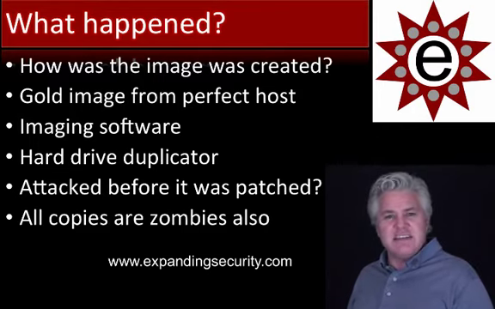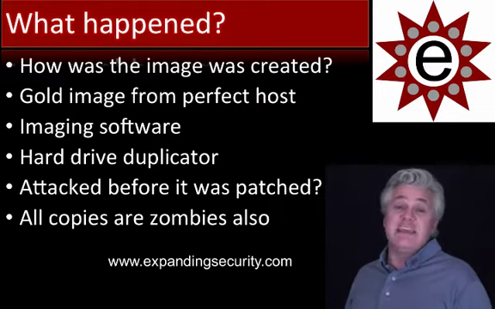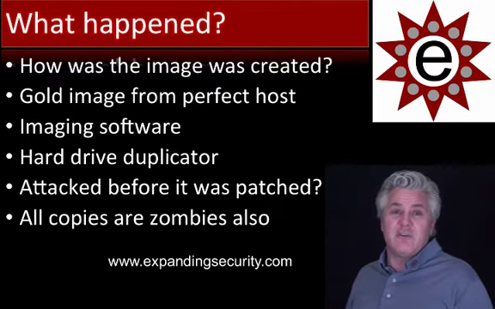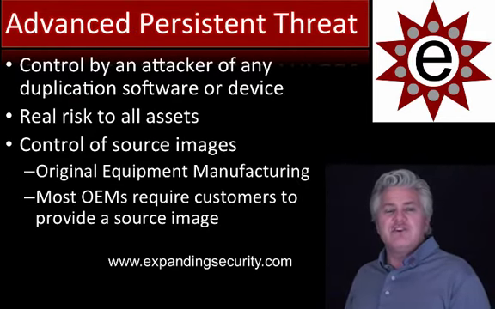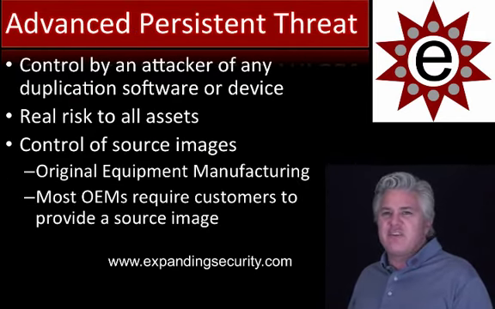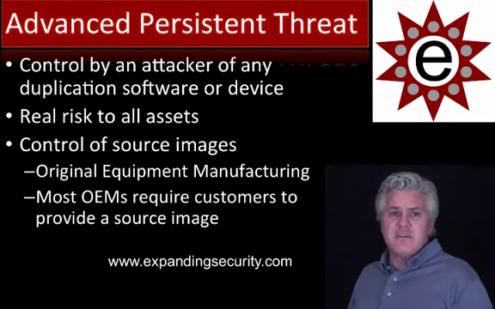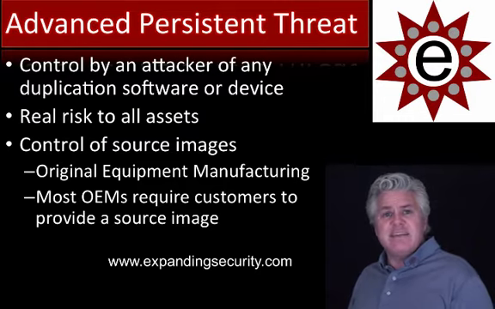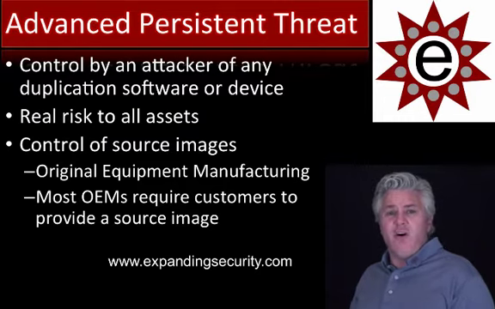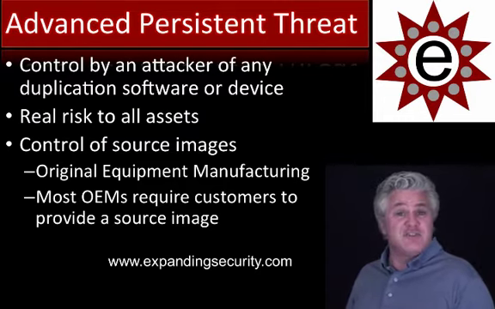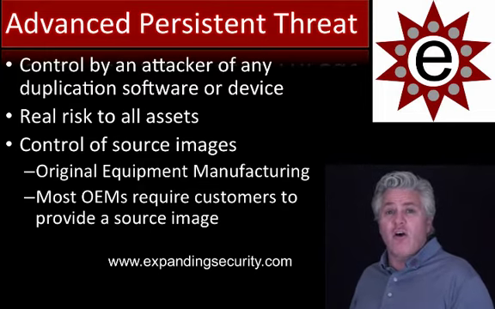And usually what we see is a lot of the same workstations with a lot of the same evil files from a particular date on them. This could be considered an advanced persistent threat. I hate the term because it's so overused today, but it's the truth. What's happened is an attacker is controlling all of our duplication software or all of our hard drive devices that we're using, and it's a real risk to all of our assets.